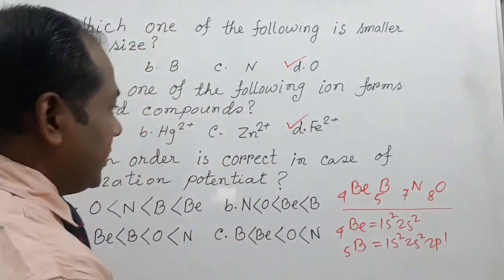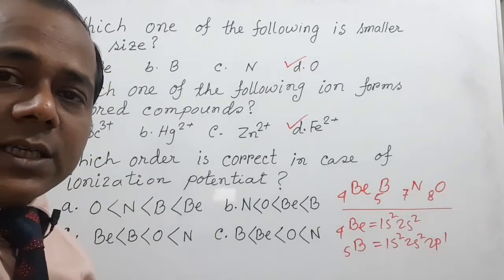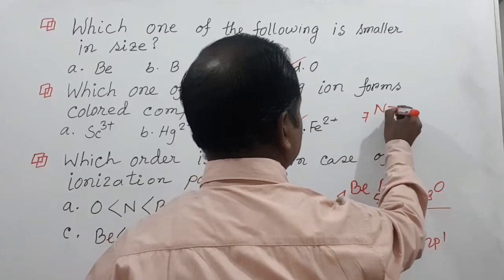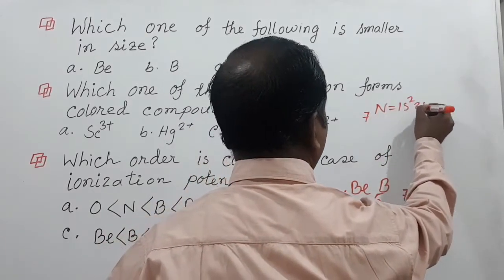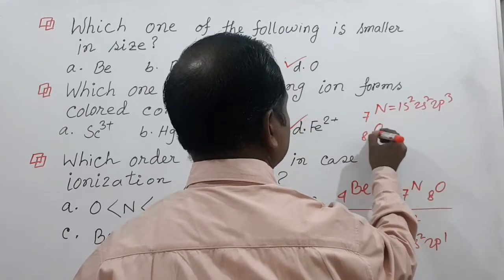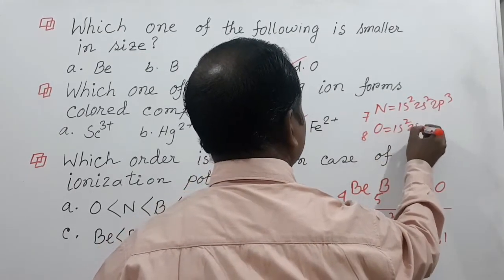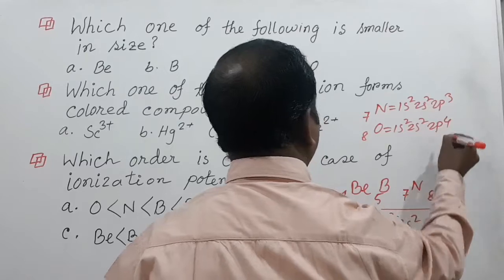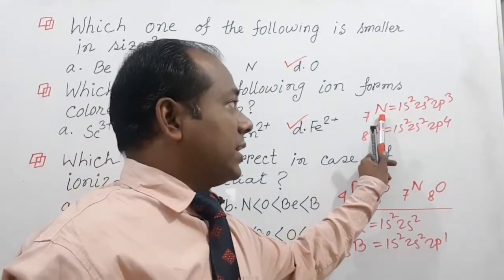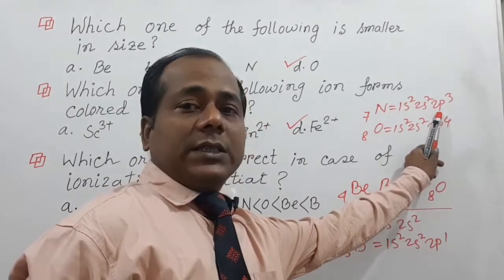And similarly, if we see the electronic configuration of nitrogen 7, 1s2 2s2 2p3, and oxygen 1s2 2s2 2p4, here we can see that in nitrogen the p orbital is half filled.